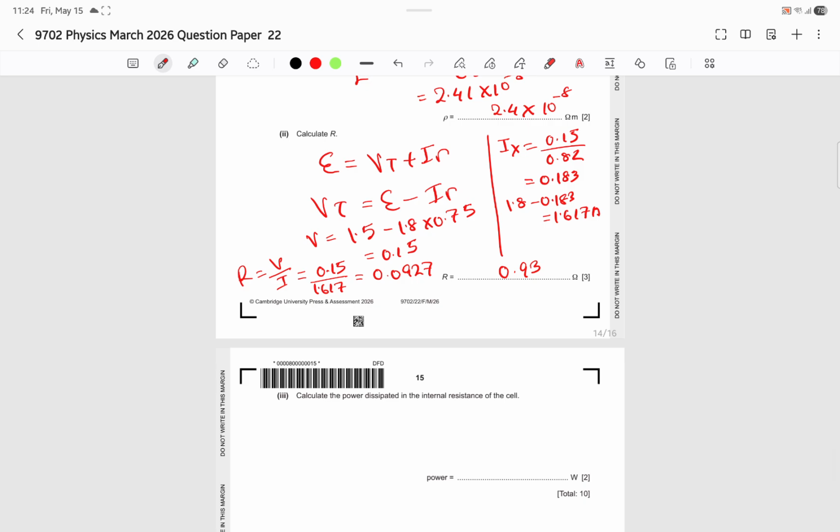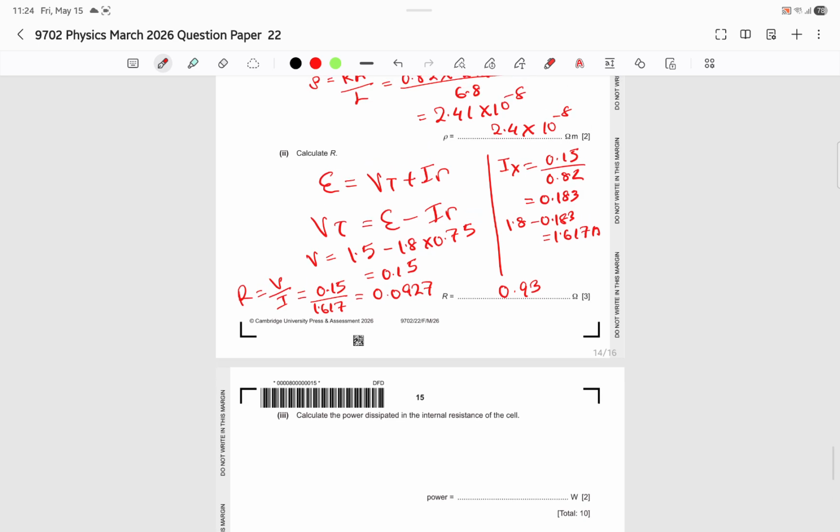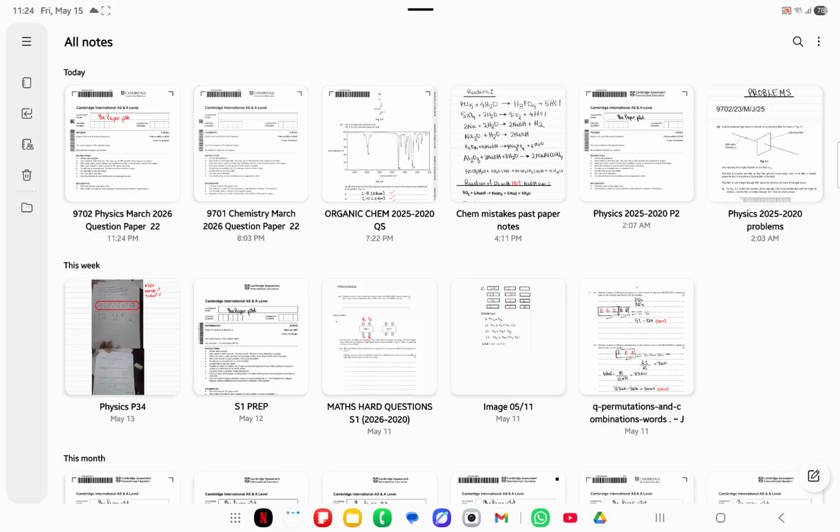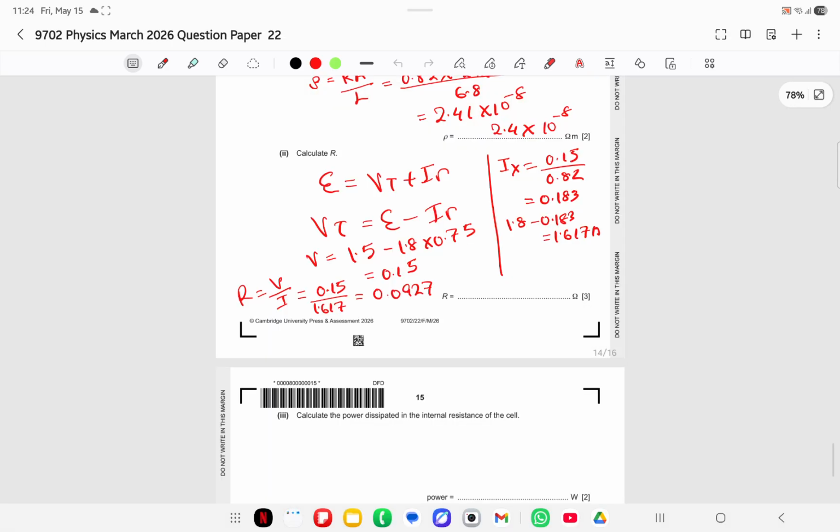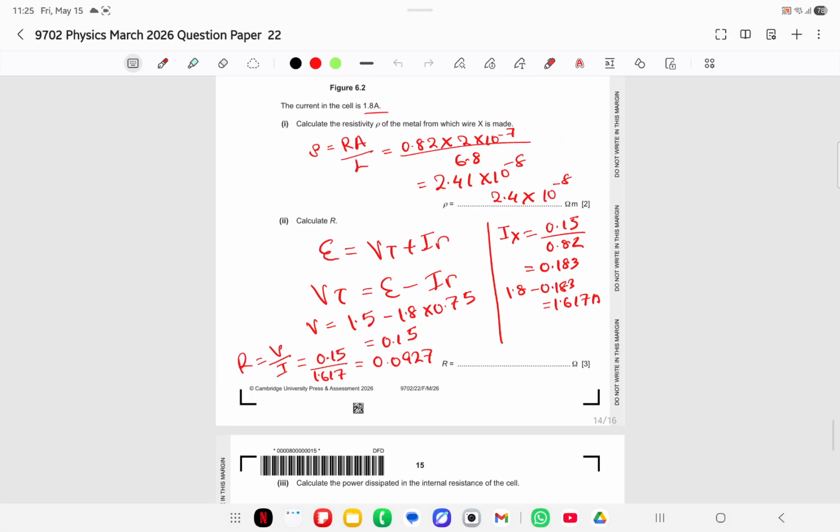Okay, I think I might have made a mistake. Wait, guys, it should not be 0.027. Wait, let me see what I did wrong. E equals Vt plus Ir. Oh, sorry about that. Just fix this back. 1.5, 1.8.